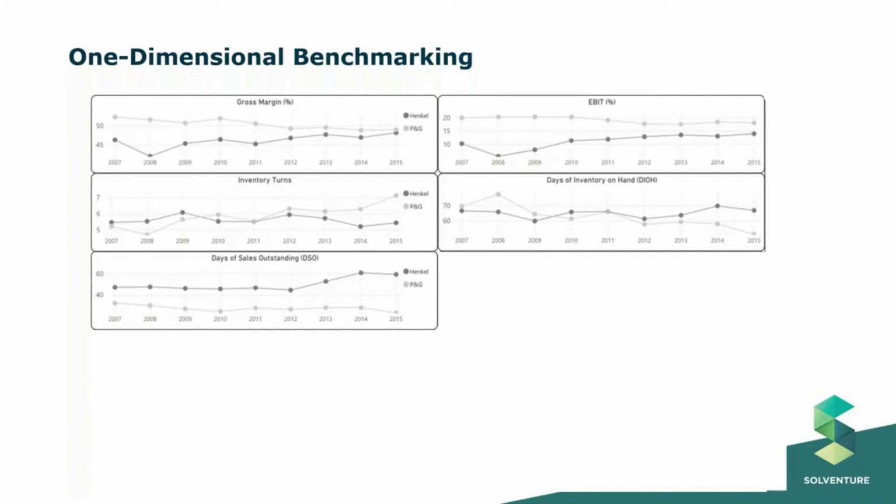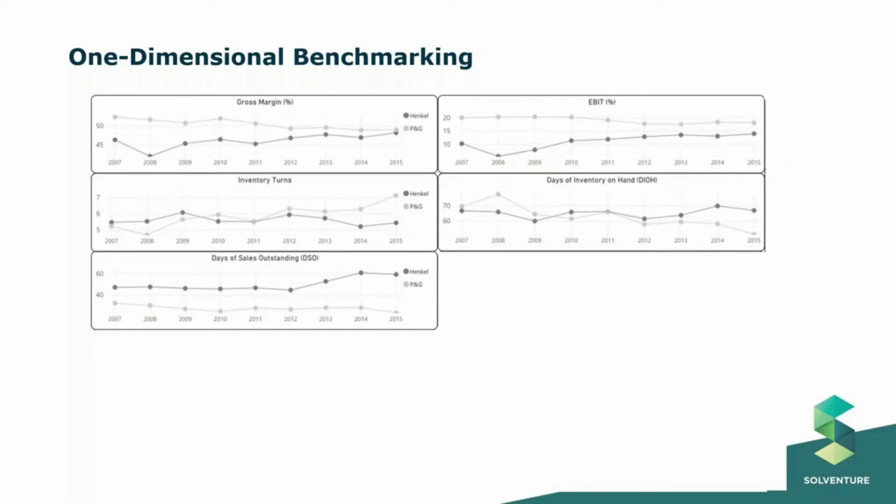So it seems that customers are paying very fast. I believe that one of the reasons is that P&G gives discounts to their customers. If you pay faster, you get a discount. The days of sales outstanding with Henkel are way larger. It's around 60 days. So in whom would we invest?